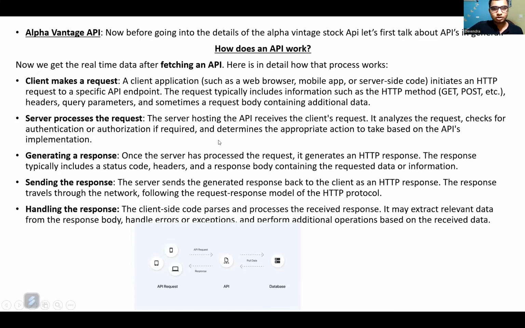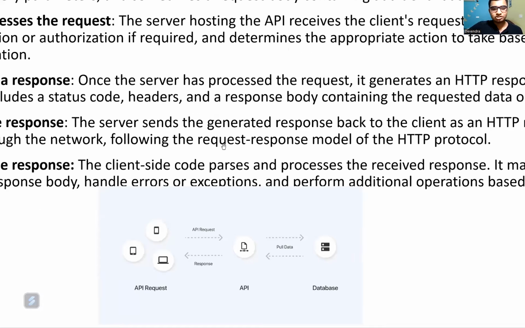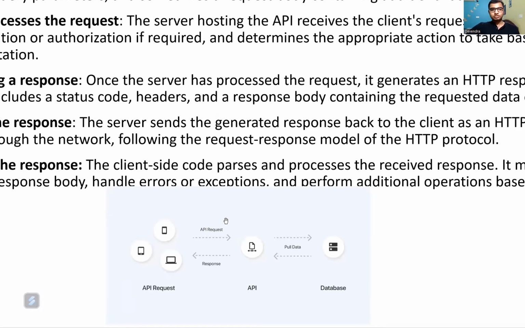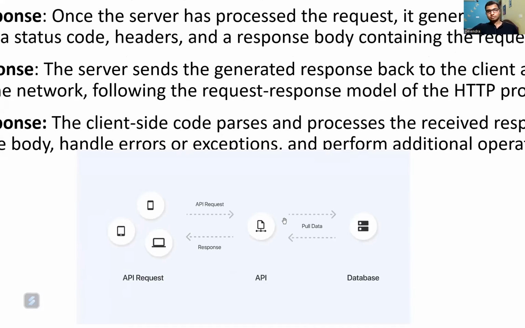Here are some details about how the API data fetching process works. I will explain this through this diagram. Say this is the client. When your client needs data, your application or web browser sends an HTTP request to your particular API endpoint, which could be the server where your data is stored. The request is sent with certain headers and the data that you would like to get in response.